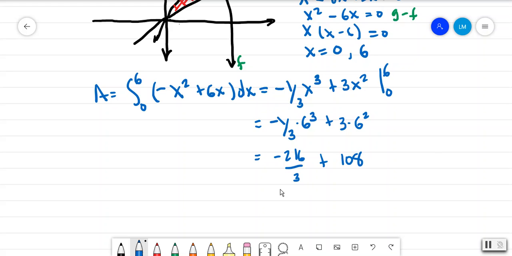Now what you do have here is that this is 72, so that means this is equal to 108 minus 72, which is equal to 36. Now be careful with that because it's 36 units squared.